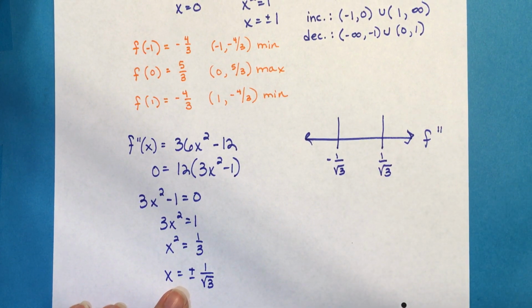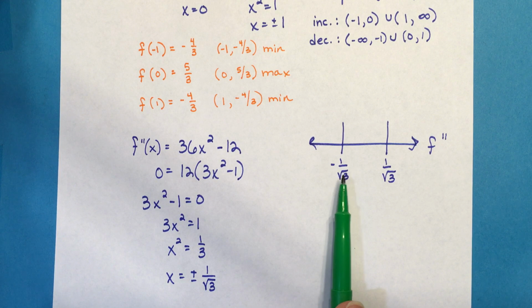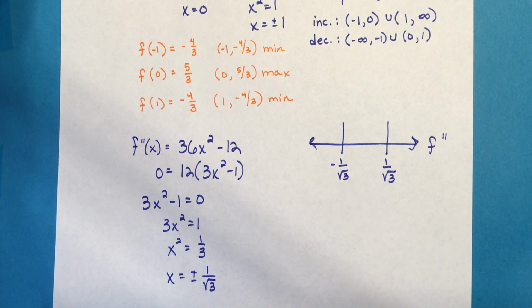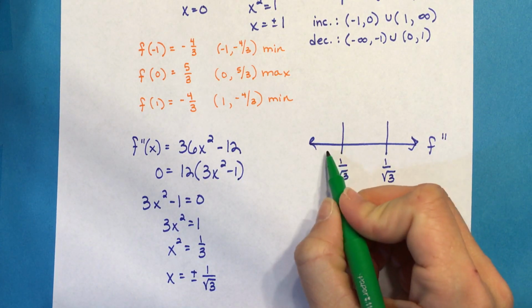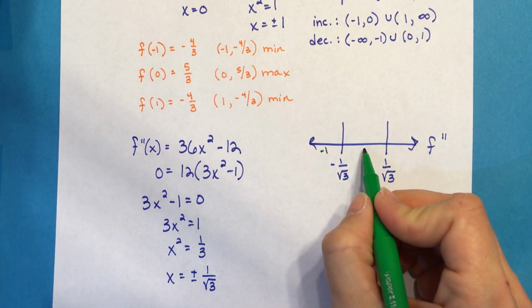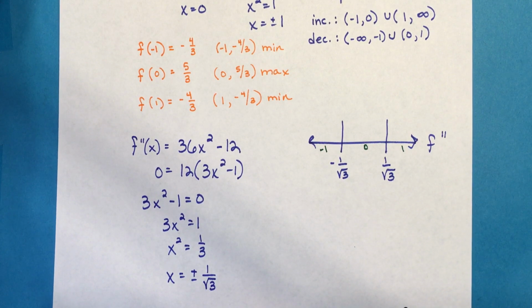In picking a test number this time, you might want to get the decimal approximation. Negative 1 divided by square root 3 would be about negative 0.6, so I actually could use just negative 1. In between the negative and the positive would be 0, and then I could use positive 1.